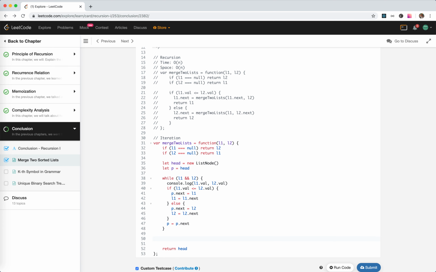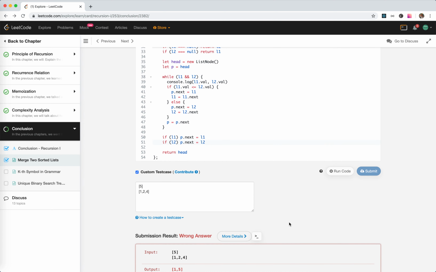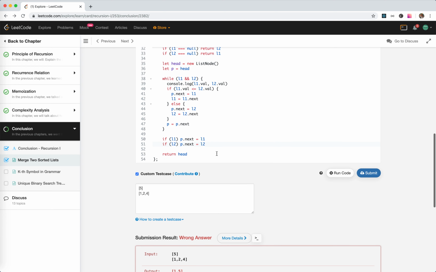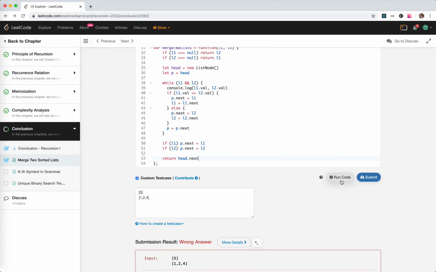And at last, if L1 is still there, p next equals L1. If L2 is still there, p next equals L2. This should work. Hope. Oh! Next. God.